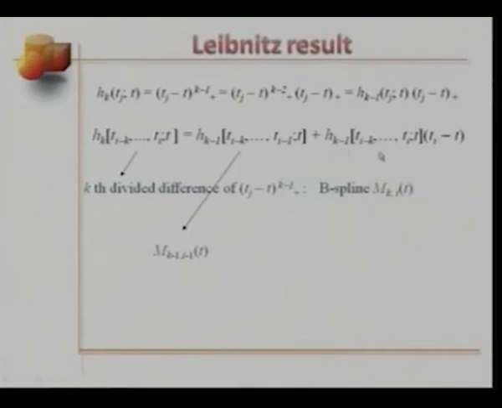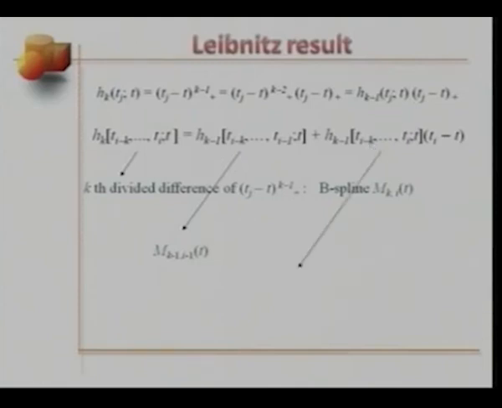How would this expression look like? Now notice here that this is the kth divided difference of order k minus 1 truncated power function. We do not know how this expression would look like. It is possible for us to express this relation in terms of two divided differences. Each one would be the k minus 1th divided difference.